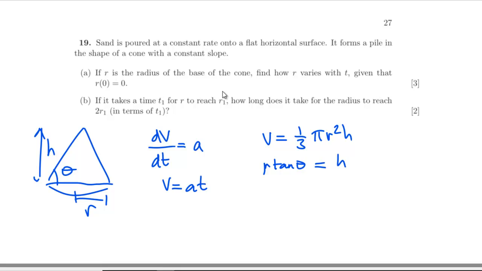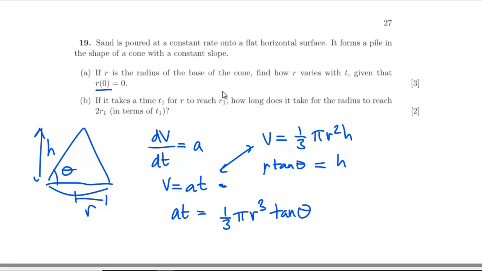Because we're starting with a zero volume at time zero, because r is 0 at time 0, we don't have to worry about adding a constant onto this integral. So what have we got? We can now put that in there, can't we? And we can say that a times t is equal to 1/3 pi r cubed tan theta.